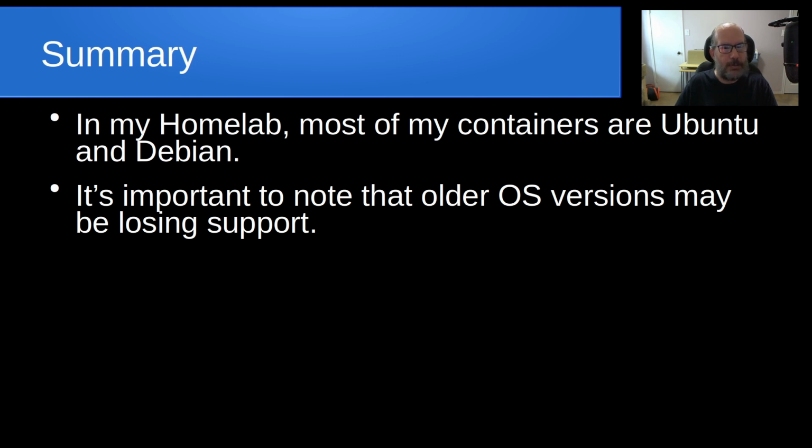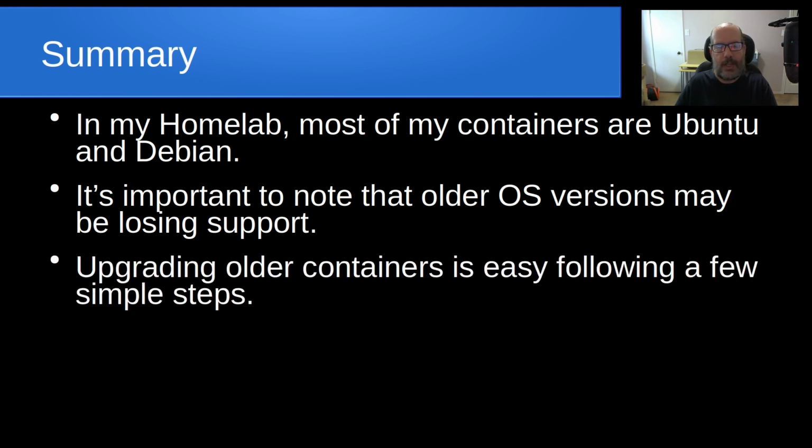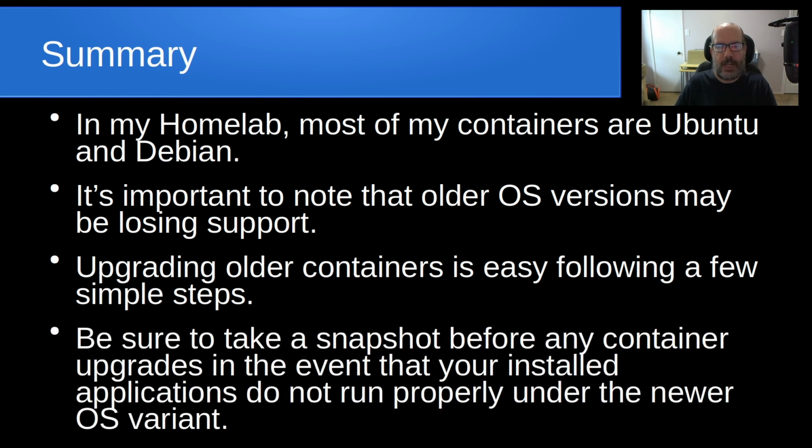And in order to keep your home lab secure, you always want to be running the latest updates. So upgrading older containers is easy following the few simple steps that I've covered in this video. And so be sure to take a snapshot before any container upgrades in the event that your installed applications do not run properly under the new OS variant.